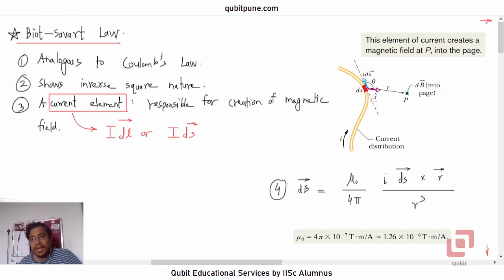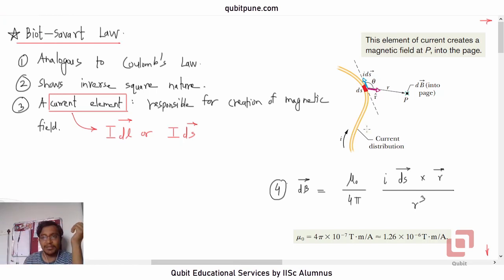You can determine the direction of dB bar without determining the magnitude of the magnetic field. To do that, imagine this: take your right hand and wrap your fingers around the wire at ds such that the thumb points upwards in the direction of I ds bar. Then you'll find that the curled fingers come out of the page from the left and enter into the page towards the right side of the wire.